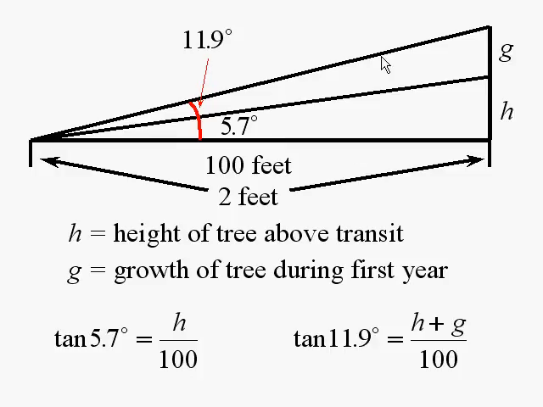And in the larger triangle with the angle 11.9, it's g plus h for the side opposite, and still 100 for the side adjacent. Sorry about that. I had my slides kind of out of order, didn't I?